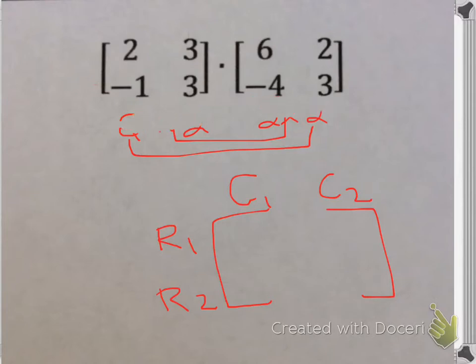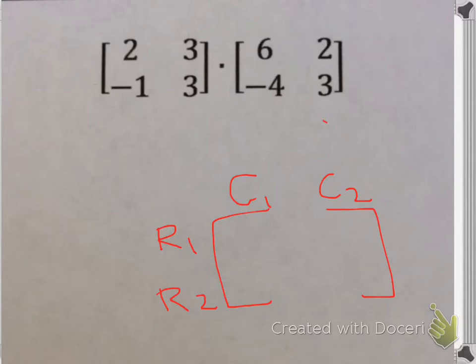So I want to now find the first answer that goes into my matrix, and I'm going to do that right here. To find this, I would have to do row 1 and column 1 together. That's what I'm trying to find.